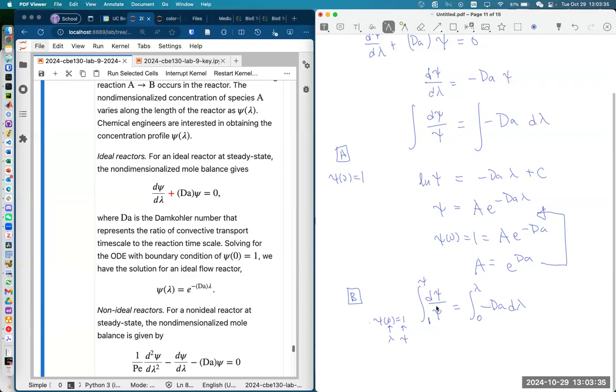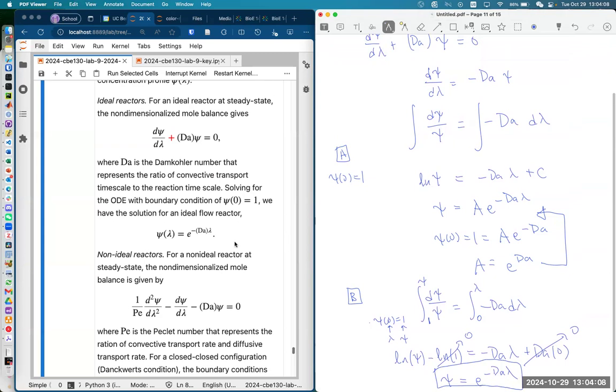So this becomes a definite integral. So natural log of psi minus natural log of 1 is equal to minus DA lambda minus DA times 0. This is 0, this is 0. So the final answer is psi is equal to e to the minus DA lambda. So now you have verified the result.